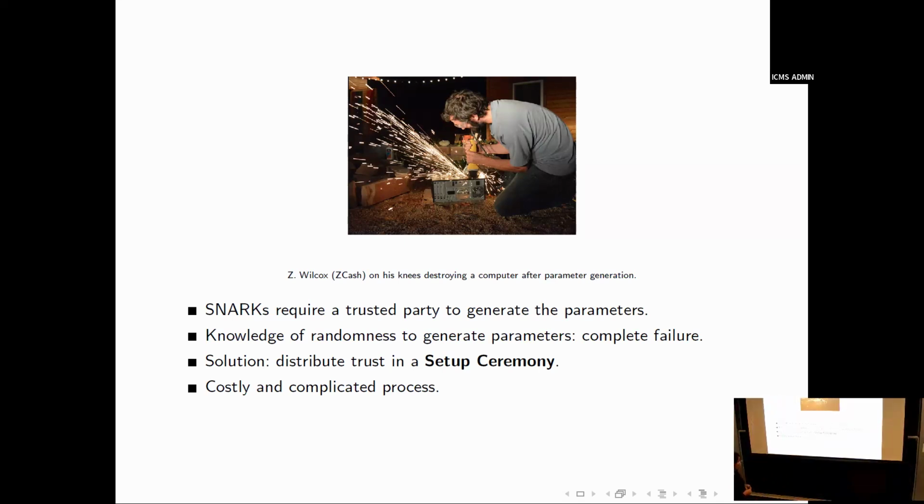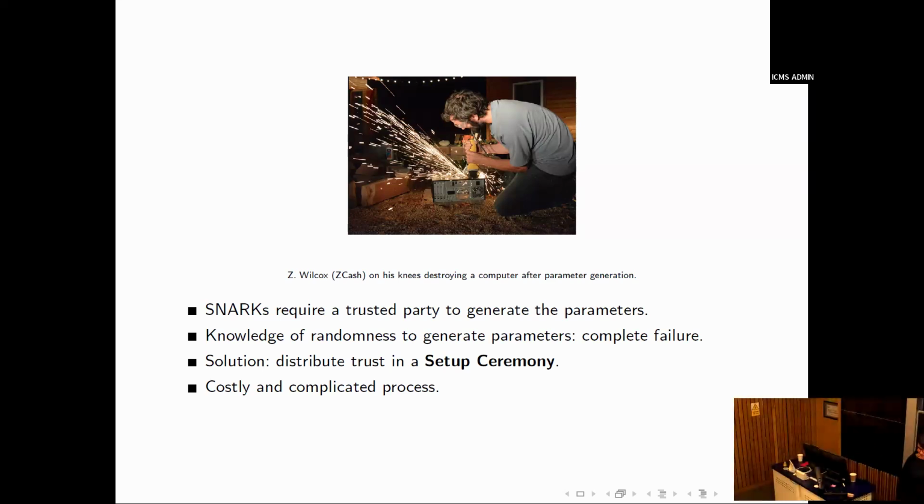Generating these parameters is a costly and complicated process for many reasons. There's also some communication involved: you really have to convince everybody that this was generated properly. Otherwise, nobody will trust your system, knowing that maybe this was not done correctly.